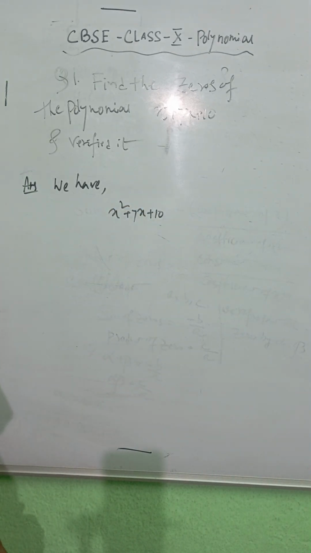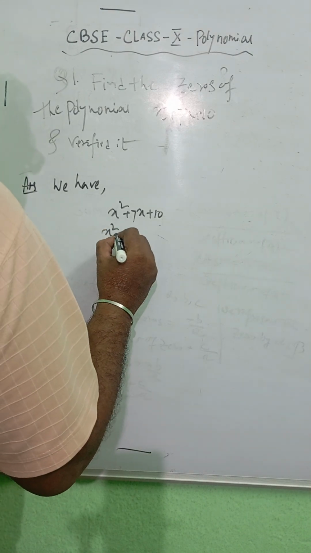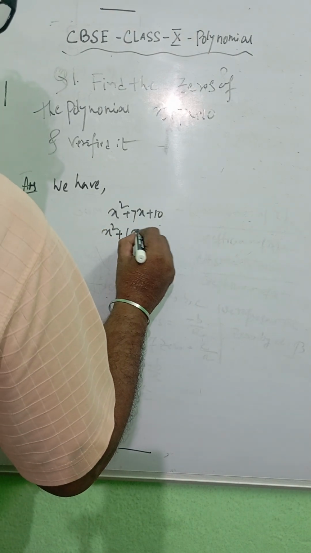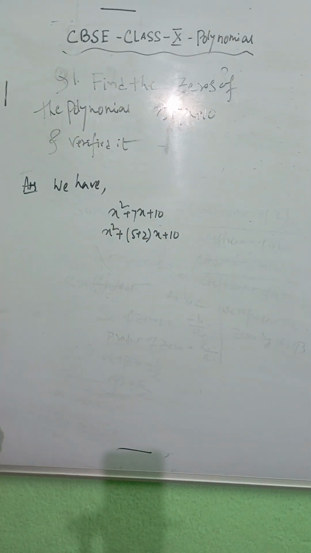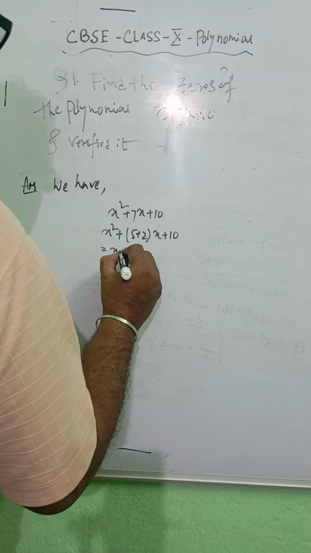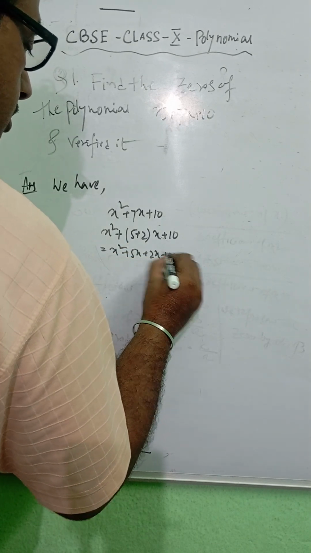Then splitting the middle term, we get x square plus 5x plus 2x plus 10.